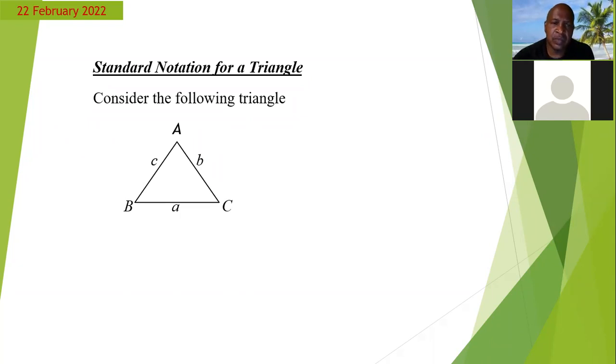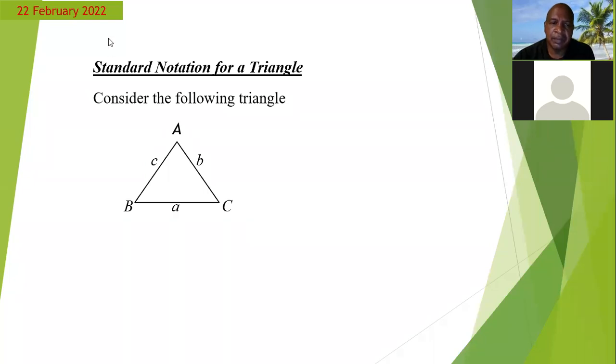So where the two sides meet at A, that would be the vertex A in capital letter there. And where the two sides meet at B, it would be the vertex B and so on. Now what you notice is that the lengths of the sides of the triangle are labeled with common letters. So this is how we would generally label our triangle.